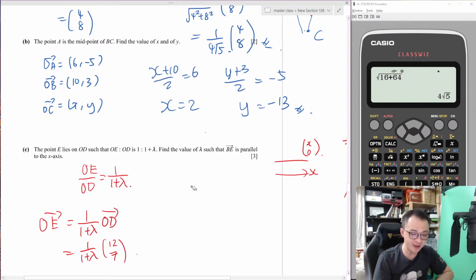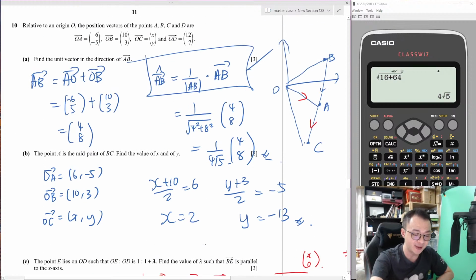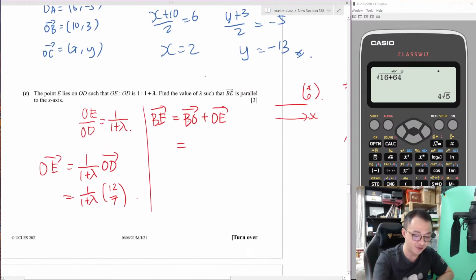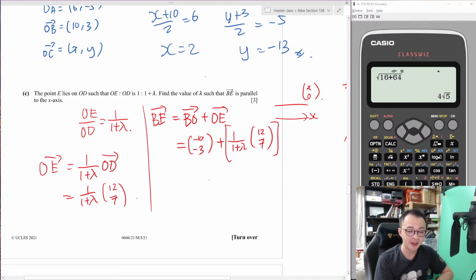Since BE is parallel to the x-axis, BE is BO plus OE. BO is basically negative for B, -10, -3. And OE is 1 over 1 plus lambda times 12, 7. Like I say, if they are parallel to the x-axis, the bottom will actually get 0.